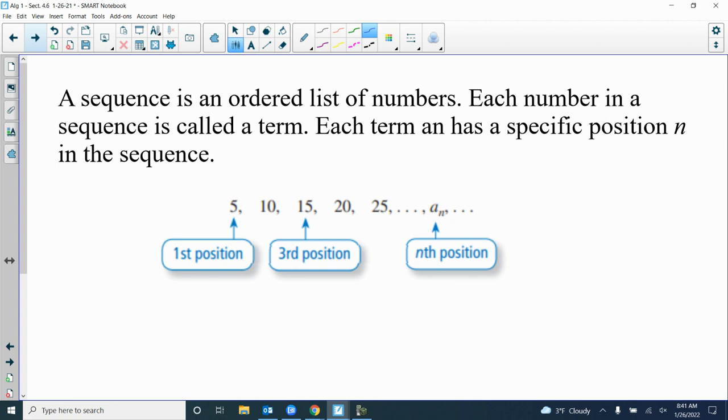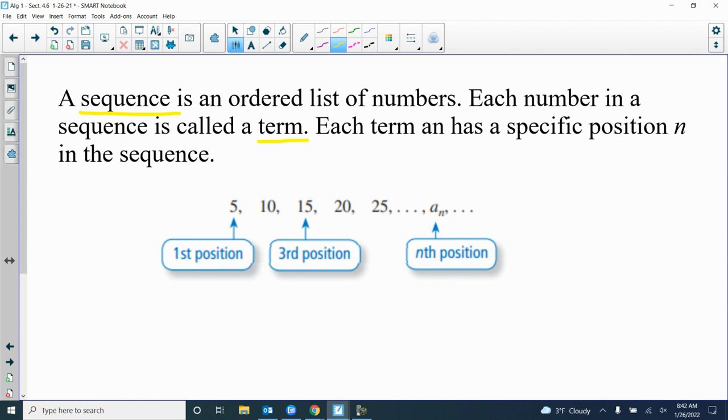So it says a blank is an ordered list of numbers. So put right in that spot, a sequence is an ordered list of numbers. Okay, it goes on your notes. Write that down. That first blank, write the word sequence. All right, now what's it ask for? Each number in a sequence is called a what? Term.